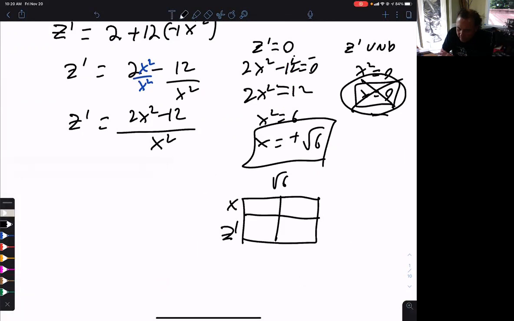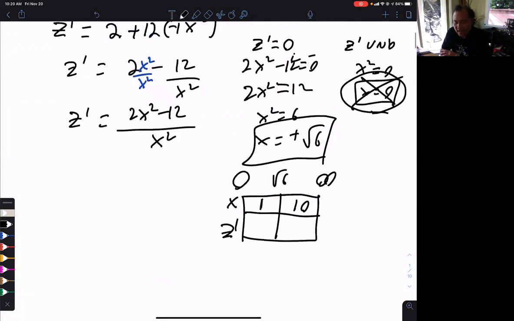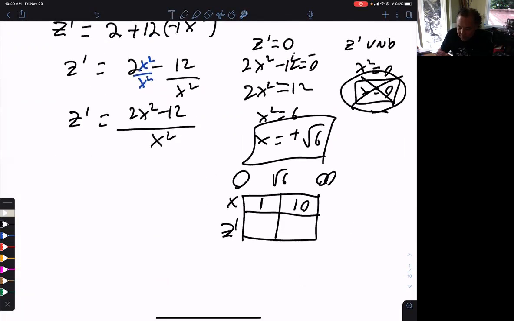So I'm going to pick 1 here and 10 here. Now, you can pick any number that's between 0 and radical 6, and I guess infinity is on that side. Any number. Now, let's plug that into the derivative, 1. So it's going to be 2 minus 12, that's negative. The bottom's always positive, so negative. Let's plug in 10. 10 squared is 100, 200 minus 12 is definitely positive.